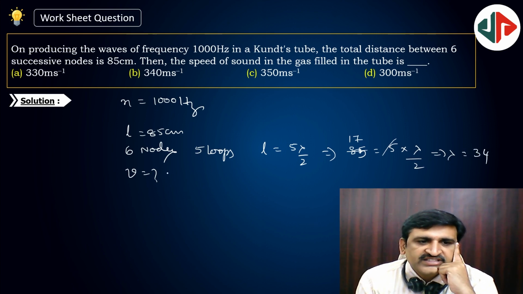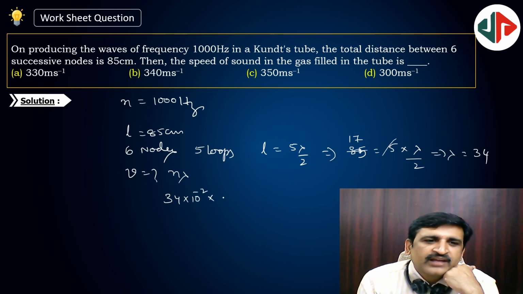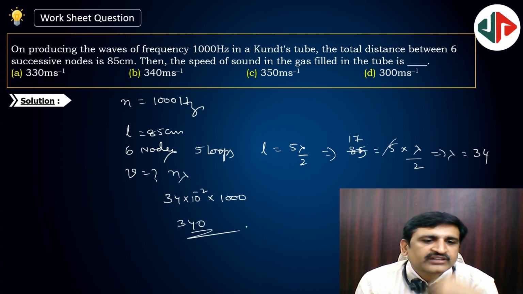Then velocity is equal to n lambda. Lambda is 34 into 10 to the power minus 2 meters, n is 1000. So 2 zeros, 340 will come. 340 meters per second.